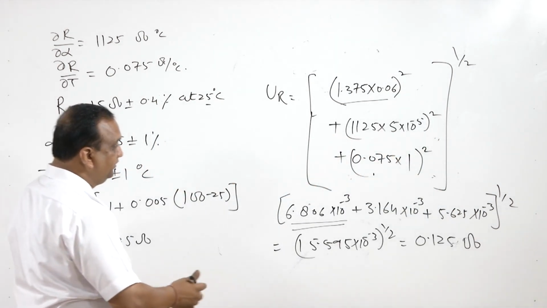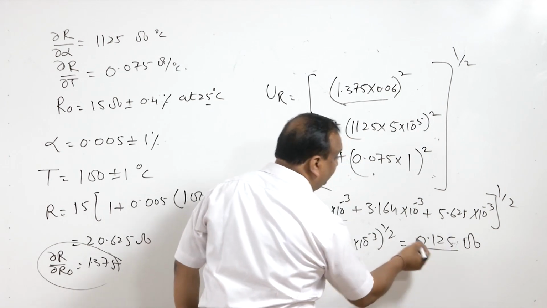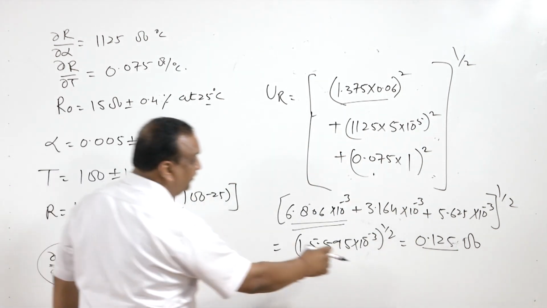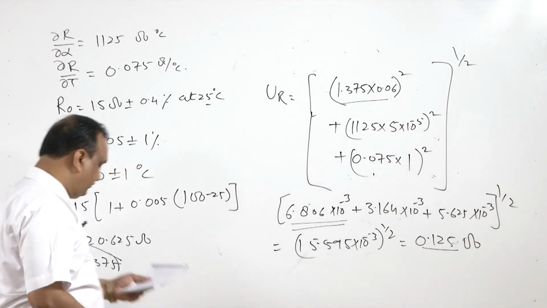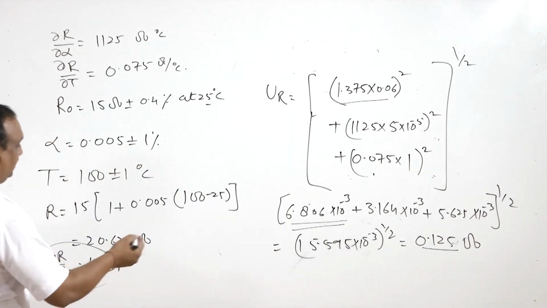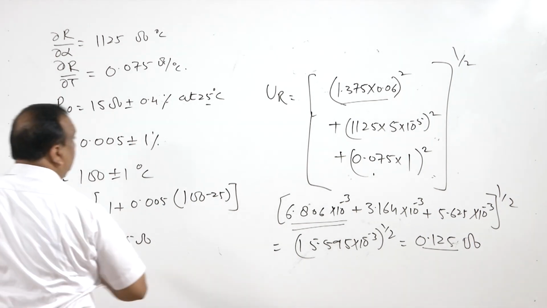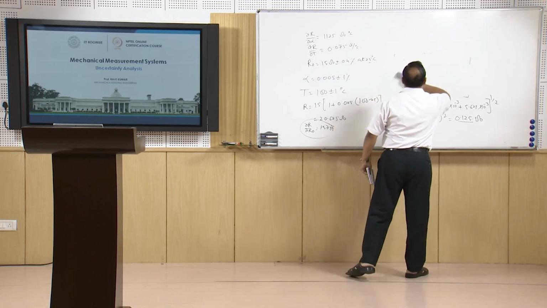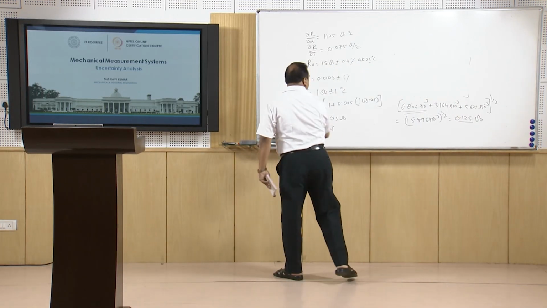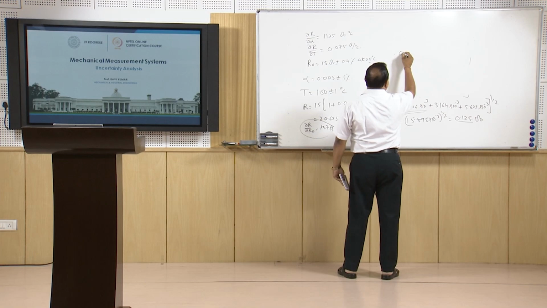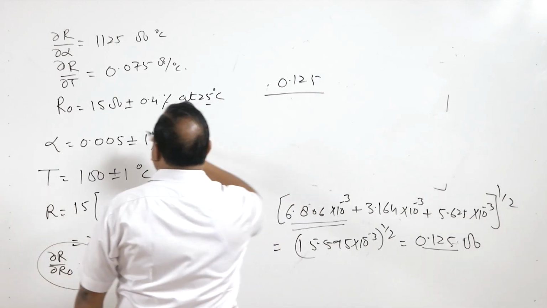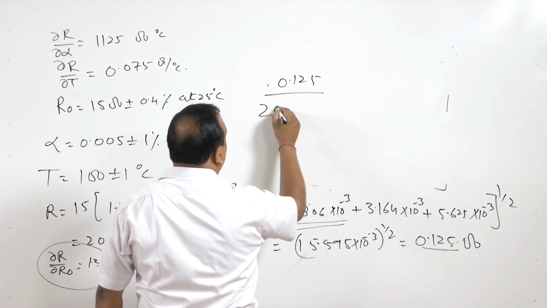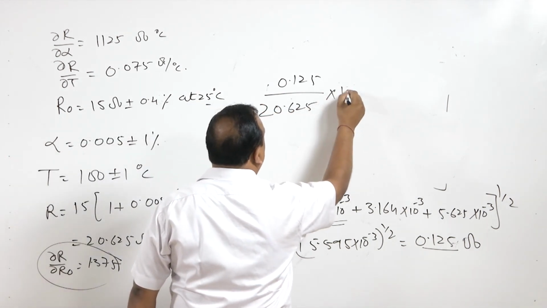This is the estimated uncertainty in the data, because we are not doing any measurement of R. So, uncertainty in the determination of R is 0.125 ohm. If you want to express in terms of percentage, you simply divide 0.125 divided by this 20.625 multiplied by 100.